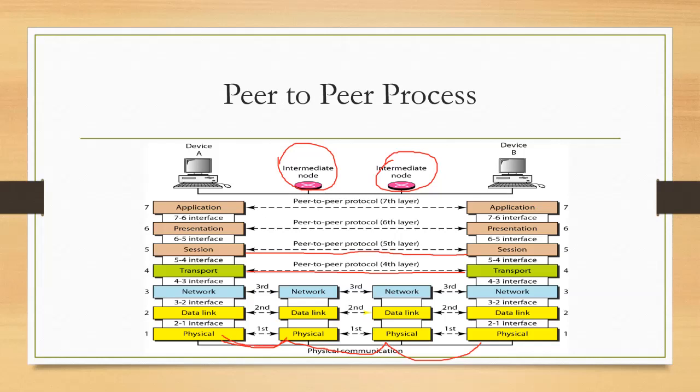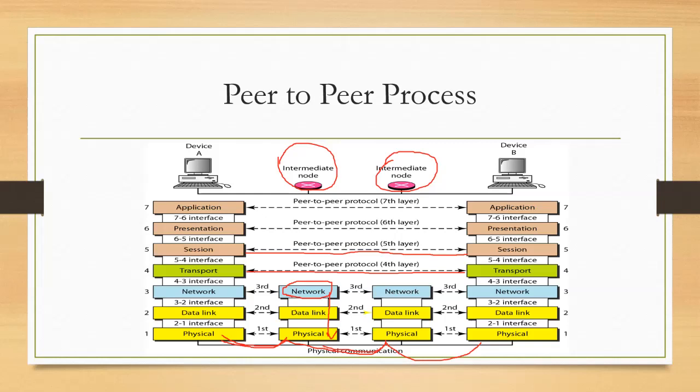The data packet will be opened at the physical layer. It will be delivered to the data link layer of the router. At the network layer, there will be some changes in the header of the data packet, and then it will again be sent through the physical layer of the same router to the next hop. Please understand, the peer-to-peer process means the protocol directly talks to its counterpart at the receiver.